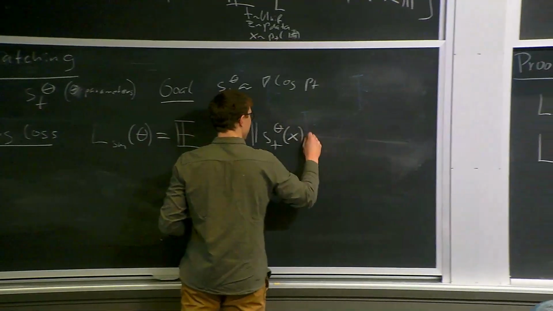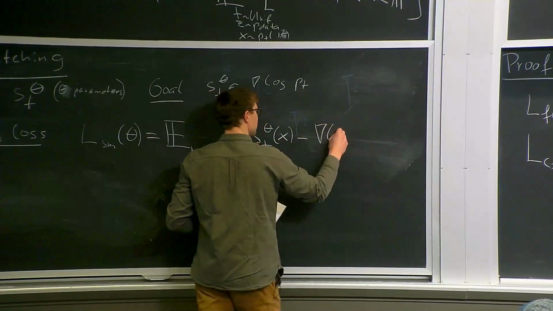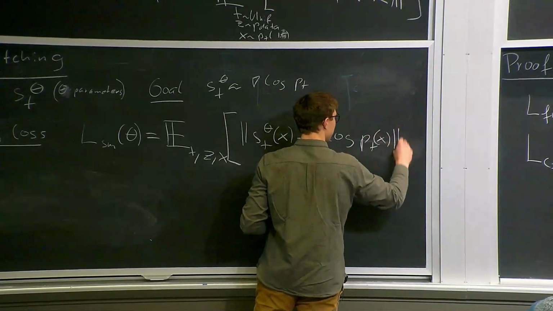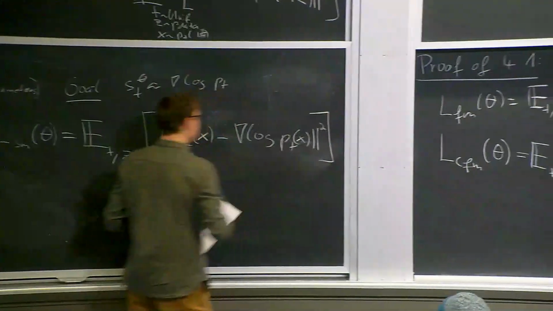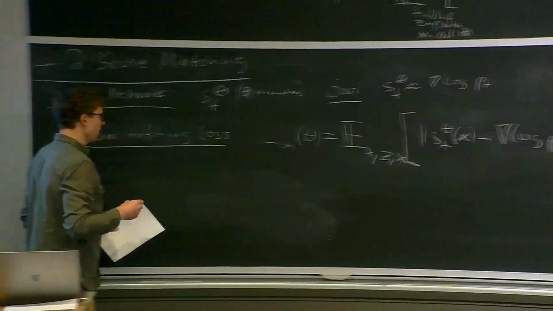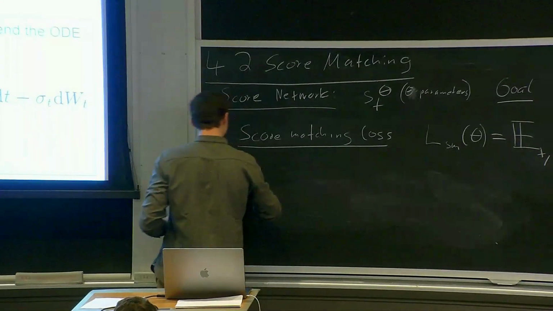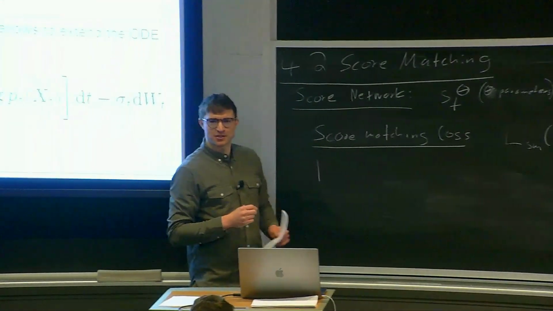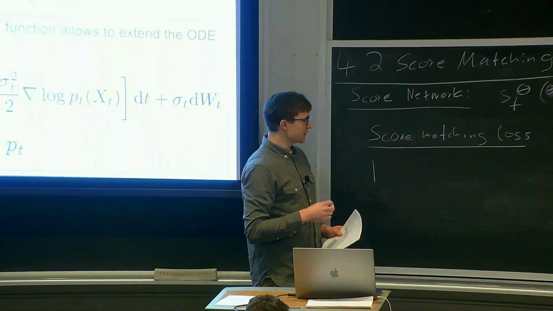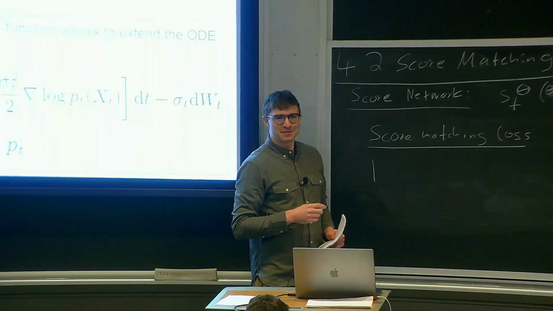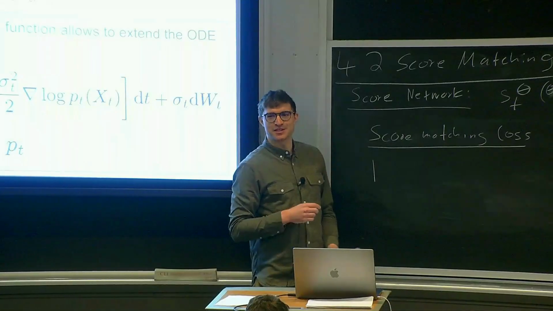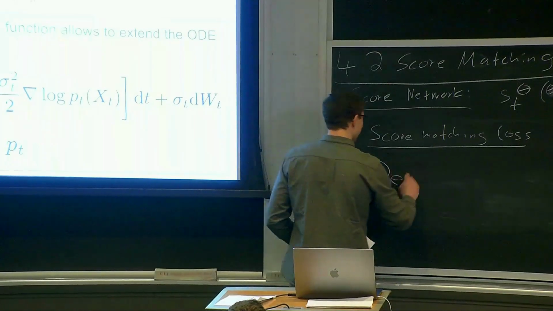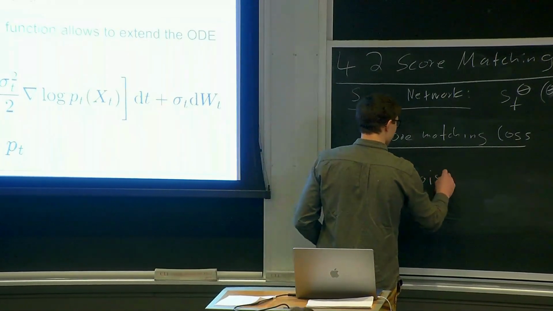We evaluate the neural network. We regress against the marginal score. So in the same way, we have a mean square error. Now I'd like to call this the conditional score matching loss, but unfortunately, people don't call it that. They call it the denoising score matching loss. So just keep in mind that it's an equivalent thing, but with a slightly different name.